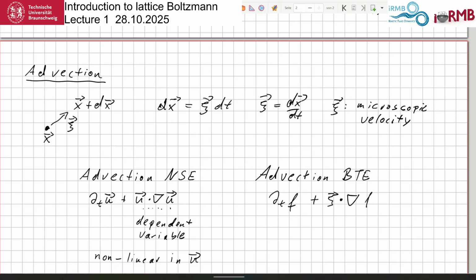It's the same thing. And this f is of course a function of velocity, because microscopic velocity is a state. So this is an independent variable. This is the important difference. In the Navier-Stokes equation, velocity is a dependent variable, and here it is an independent variable.